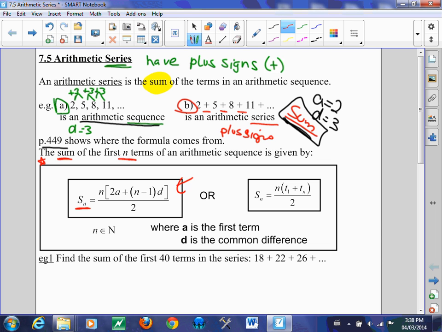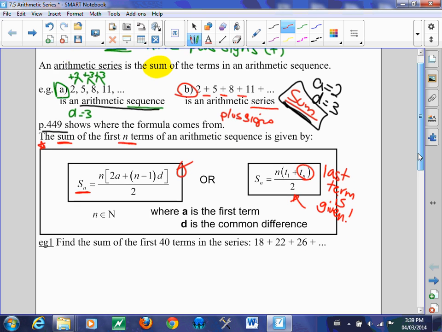The first one is used when you're given a and d, which is what we've experienced before. This second one is used when you're given the first term, a, and the last term, okay? So that's when you use that one specifically.